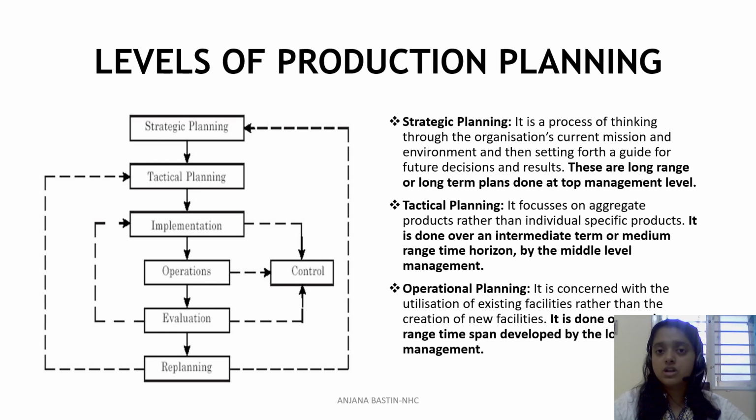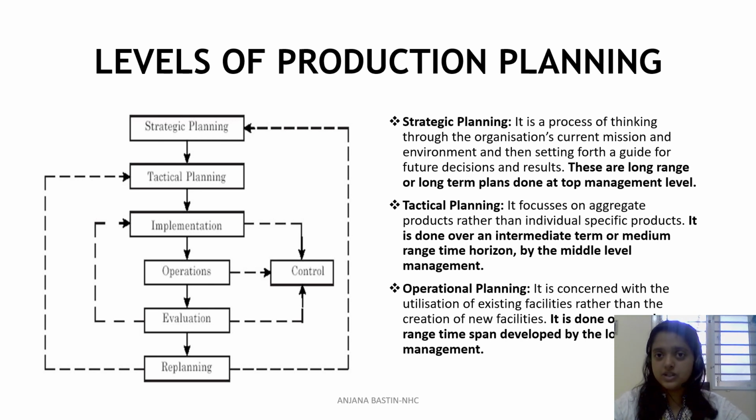What we do here is try to analyze the current position of the organization in terms of its materials, human resource, machines, whatever. What is the current position, and if I plan to make a future change to it, how exactly do I go about it?